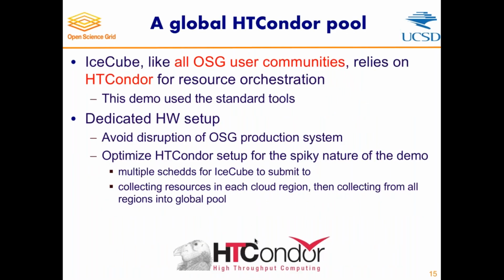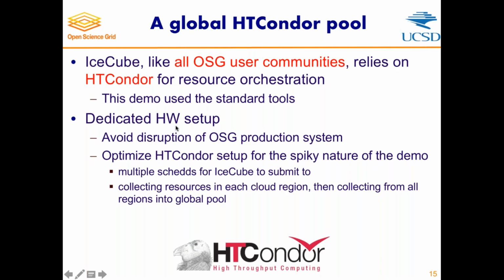Now, how was it done? The global Condor pool is in essence the same technology we use in production for OSG communities in all of science. There isn't a scientific field that doesn't use this kind of software for something.